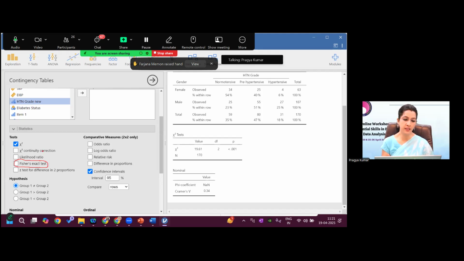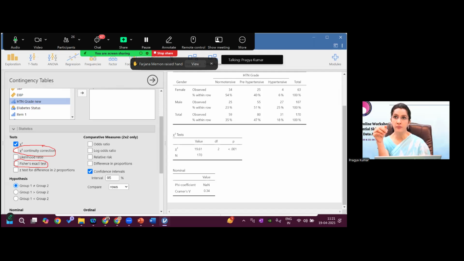Otherwise, if it is an n by n table, you go for the chi-square continuity correction, which is also known as the Yates correction. Traditionally, previously we used to call it the Yates correction. If any cell count is 0, then you apply these: Fisher exact test in a 2 by 2 table and the Yates or continuity correction otherwise, and you report that chi-square value. That's the solution if any cell count is 0.